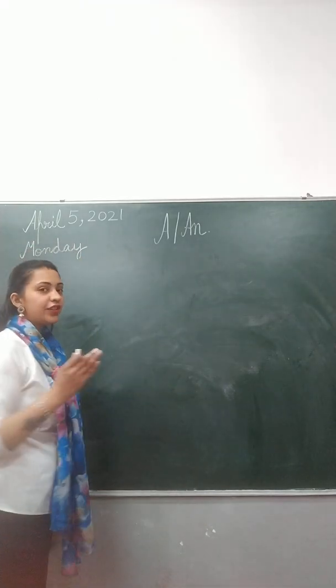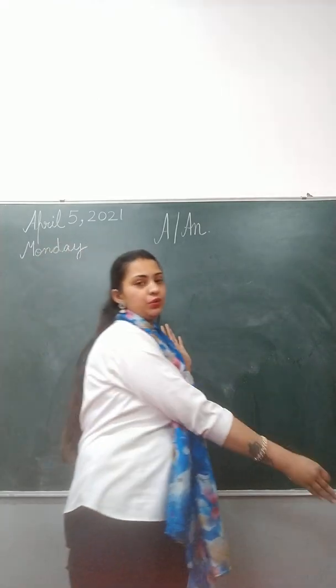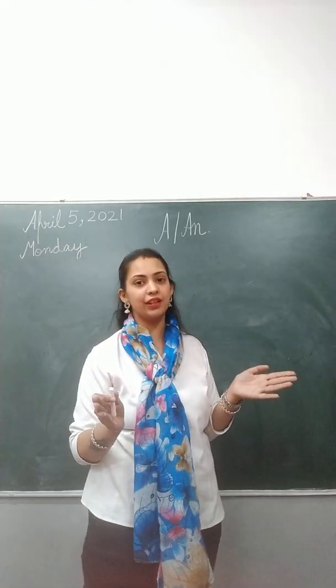See, in our English alphabets, we have 26 alphabets. Starting from A and coming to Z, we have 26 alphabets.